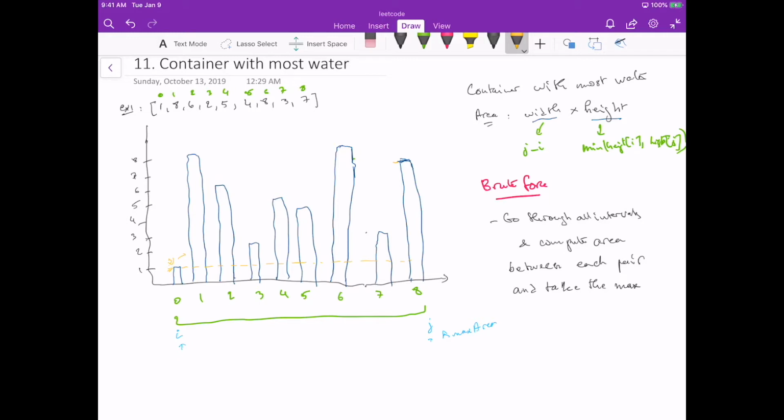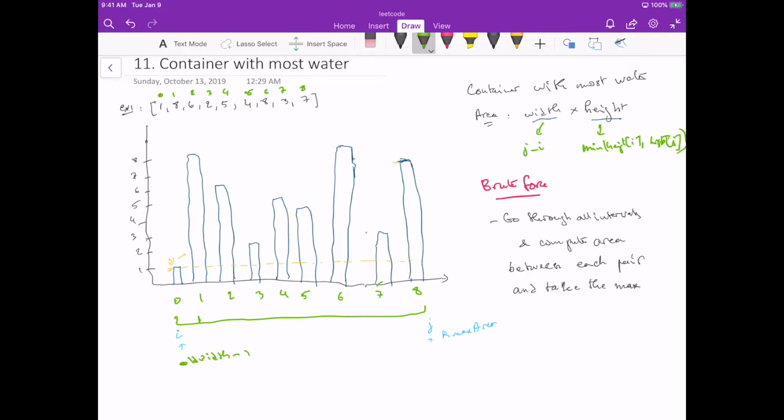We have to move in one step further, and that will only decrease the width, so the width would be the old width minus 1. If we move j, it would still be old width minus 1. If we move both, it will be old width minus 2. And it's in our interest to maximize the width. So we need to move one of the pointers, and not both at the same time.